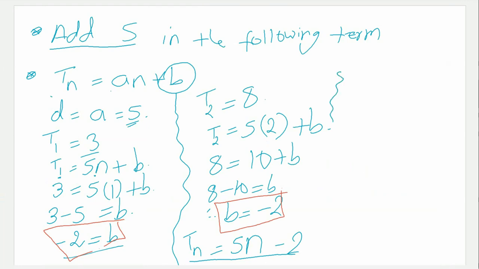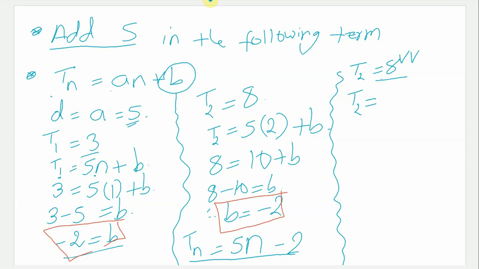So like I said, this is the answer for the question, but it is always important to test your solution. So in order for you to make sure that your answer is correct, we can test this. Let's calculate T2. Don't forget our T2 is equal to 8. So it means that using this formula, I must get 8.